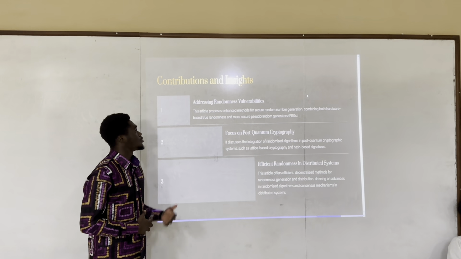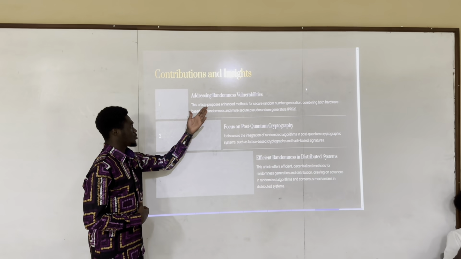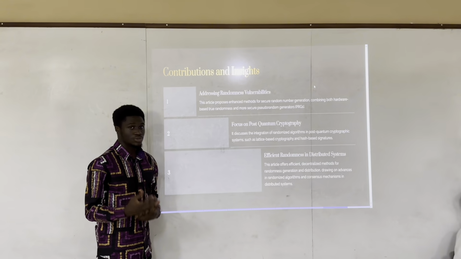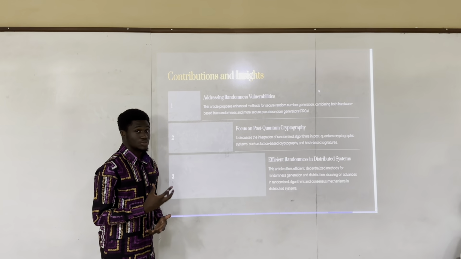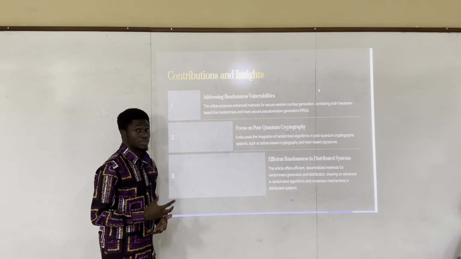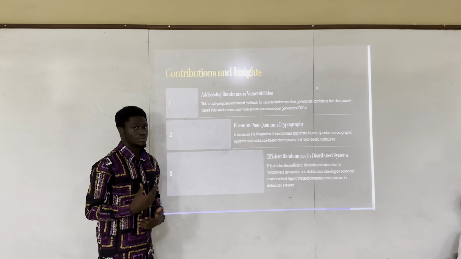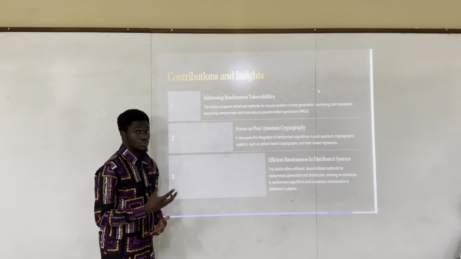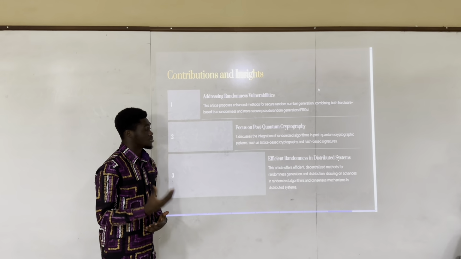I'm going to be speaking on the contributions and insights this report brings to light. First of all, it addresses randomness vulnerabilities. Randomized algorithms play a crucial role in enhancing cryptographic security by addressing vulnerabilities arising from poor randomness.